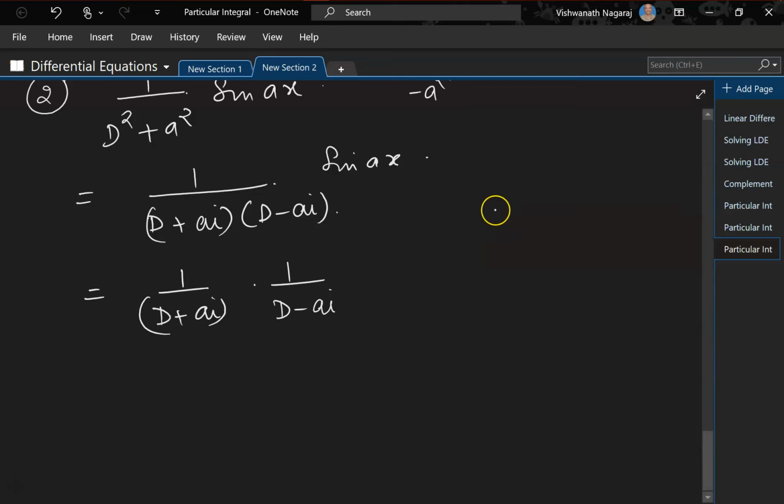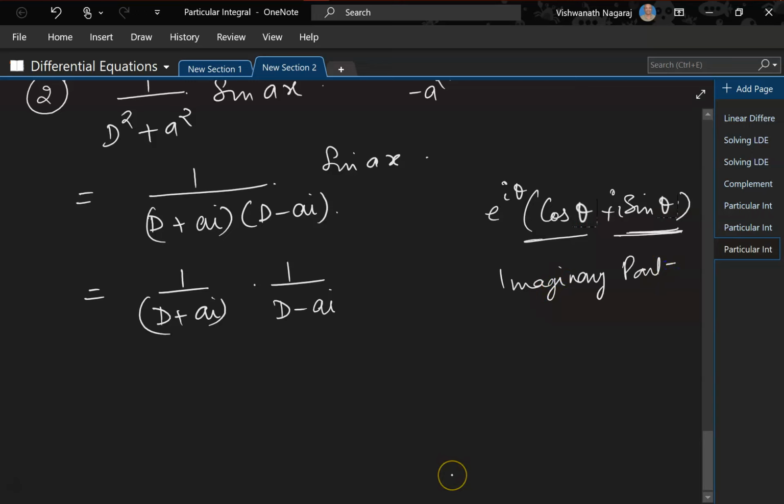So remember, we have the identity e to the i theta is cos plus i sine. So you have two parts to it: one is the imaginary part and the other is the real part. And here we have sine ax, which means it is the imaginary part. So let's focus on the imaginary part.